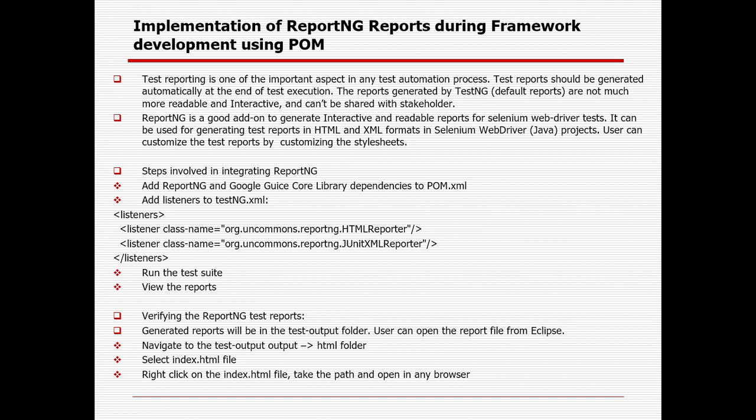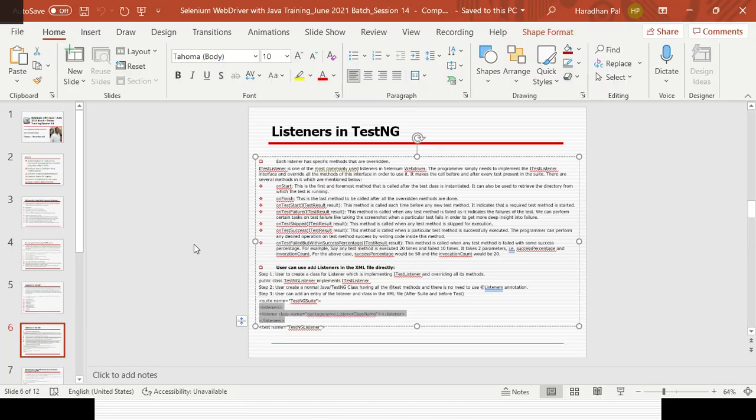So ReportNG is a good add-on to generate interactive and readable reports for Selenium WebDriver tests. It can be used for generating test reports in HTML and XML format in a Selenium WebDriver project. The user can customize the report by customizing the style sheet, right? So you need to add these two important listener classes in your TestNG XML file first, right?